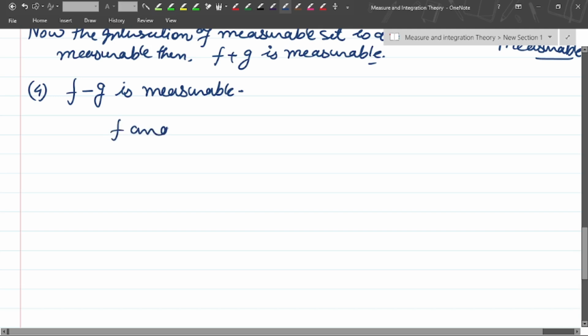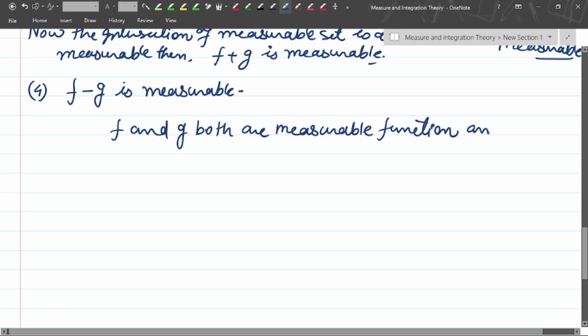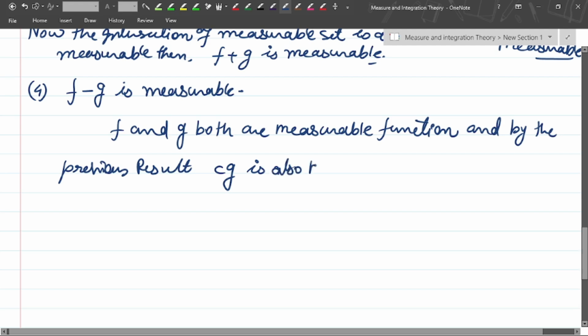f and g both are measurable functions, and by the previous result c into g is also a measurable function.